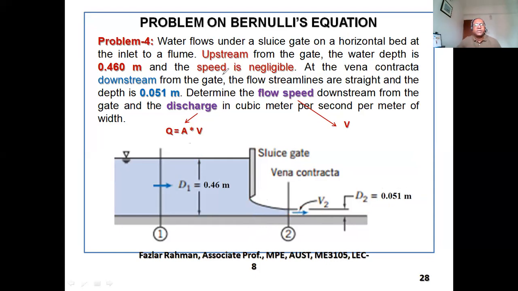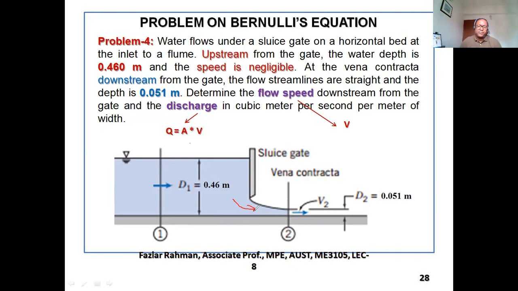The question is, determine the flow speed at the downstream, how much the flow speed from the gate is, and the discharge in cubic meters per second per meter width, and how much volume of water is passing through the gate. That you need to figure out.